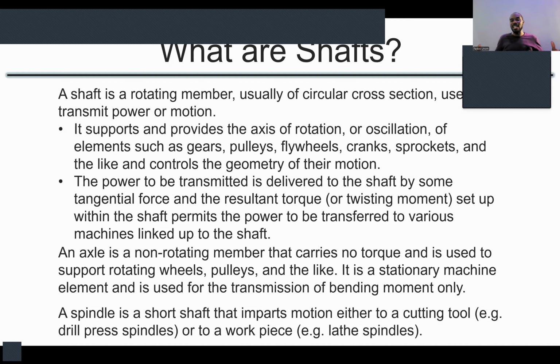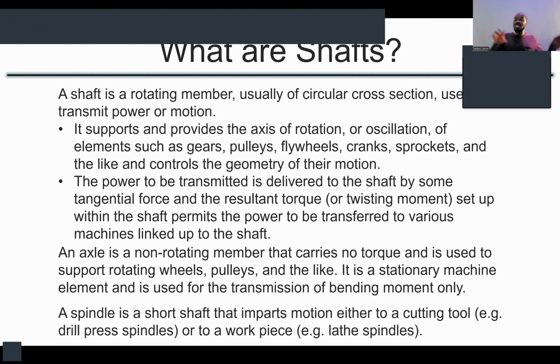Then they attached wheels that were allowed to rotate freely. So as the horse is pulling the chariot or the cart, the wheels are free to rotate by themselves on that member. That member was called an axle.